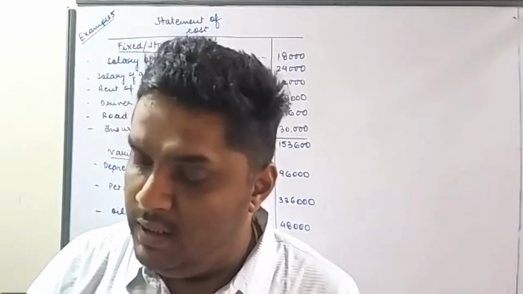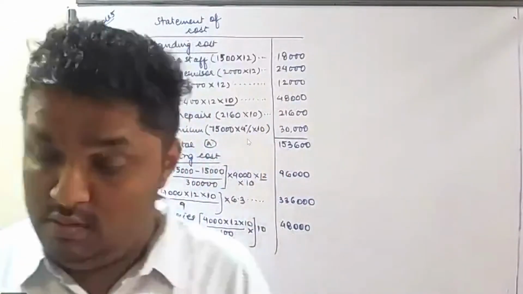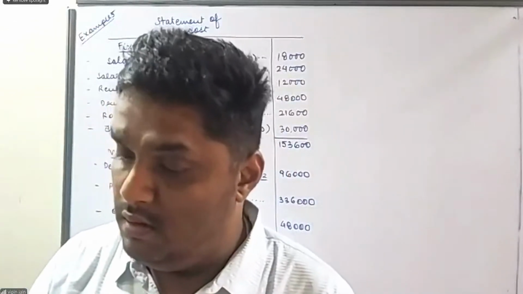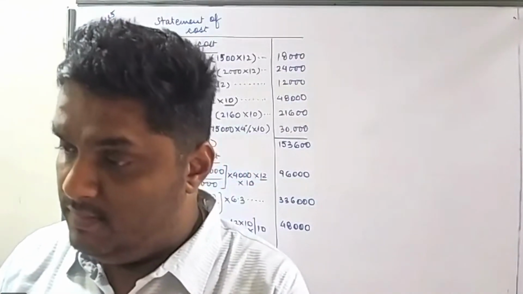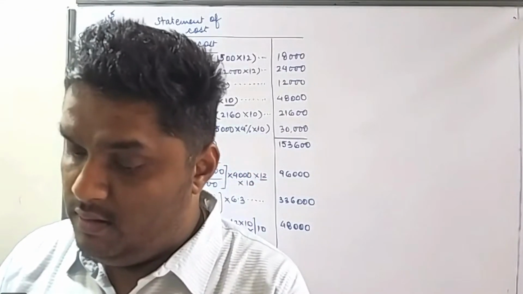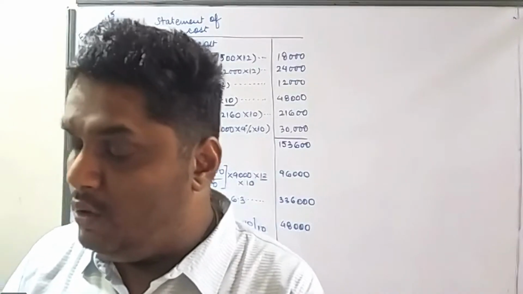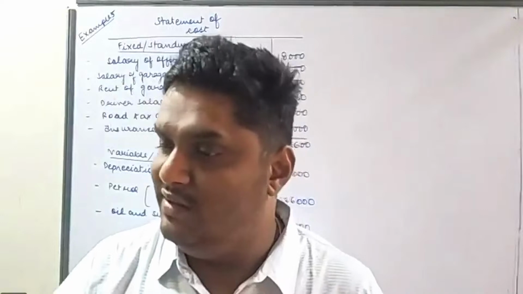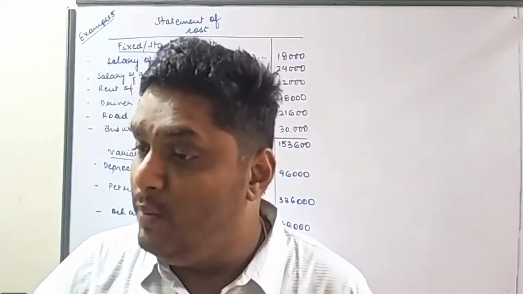Yes, sir. Divided by 3 lakh kilometers, point two, into 4,000. Okay, it is 4,000. I was doing 9,000. Well, how come you got this magical figure of 9,000? Sorry, sir. That's okay.